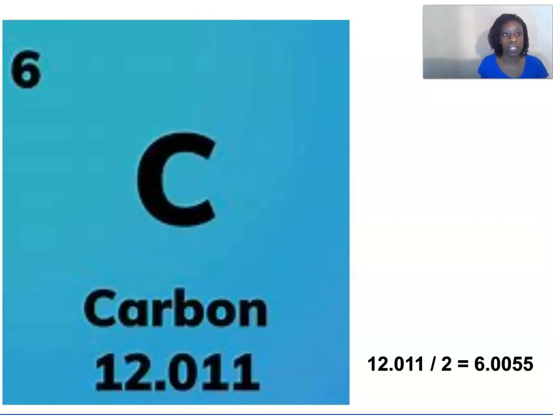If I tried to add another proton to a carbon atom, I wouldn't have carbon anymore. I would have the next atom up, which is nitrogen, with 7 protons, right? And if I tried to take a proton away from carbon, I wouldn't have carbon, I would have boron. So just remember, the atomic number of an atom will never change, because you cannot change the number of protons and have the same atom.